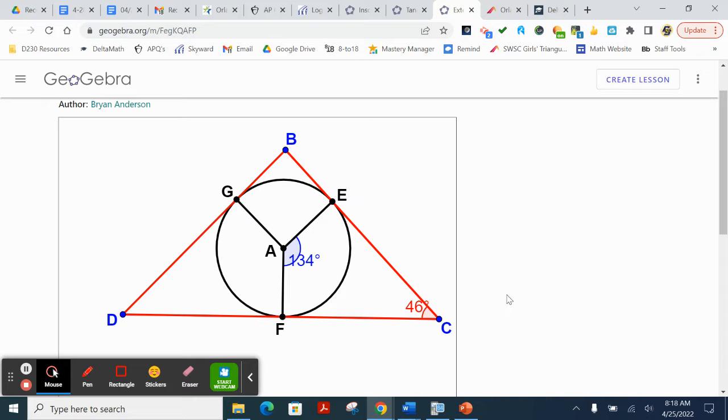And then once you have it drawn in, go ahead and label these two angles. We'll start with the ones that I currently have. So put a 46-degree angle down here. Put a 134-degree angle right here.